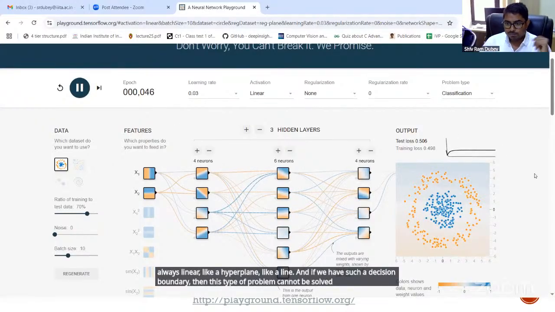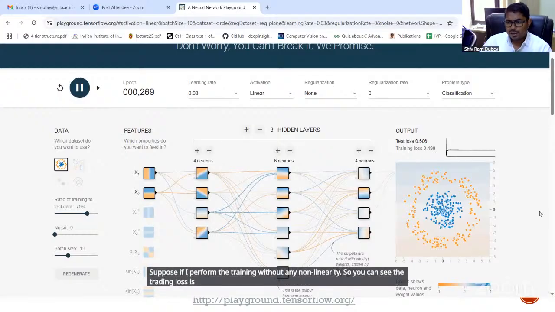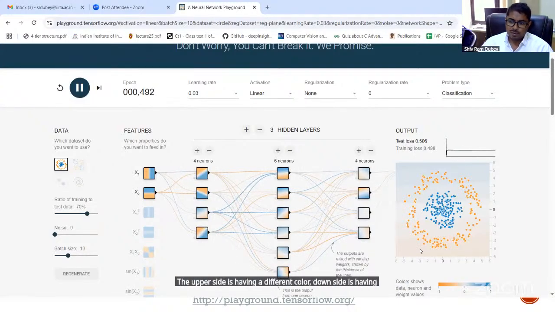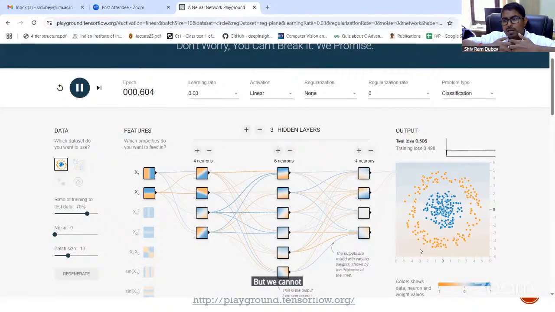And here we can see, suppose I perform the training without any non-linearity, you can see the training loss is 0.498. And you can also find the decision boundary here. The upper side has a different color, the downside has a different color, but there is only a shift in the color. We cannot find any non-linearity.